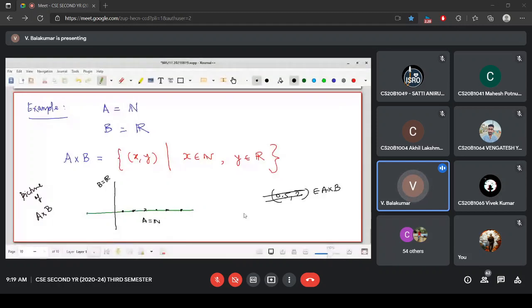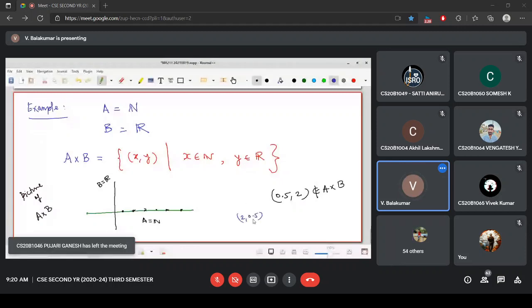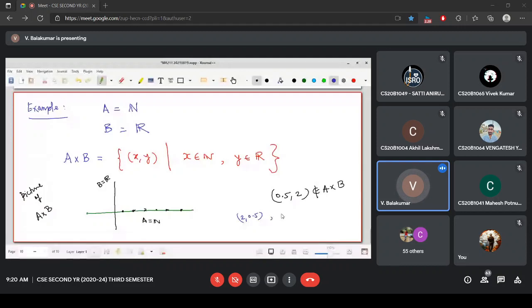Give me another number which belongs to A cross B, another ordered pair, of course. 2, 0.5. Then keep 2. Can you give some other number instead of 0.5? 7. Can you give some other number?